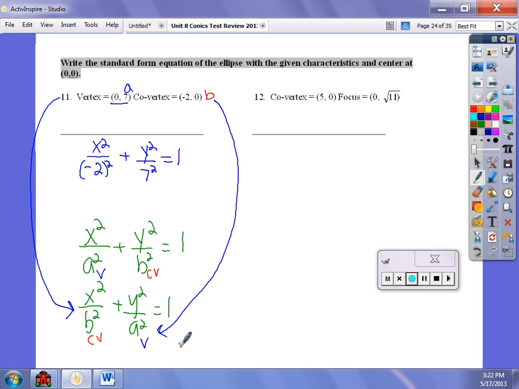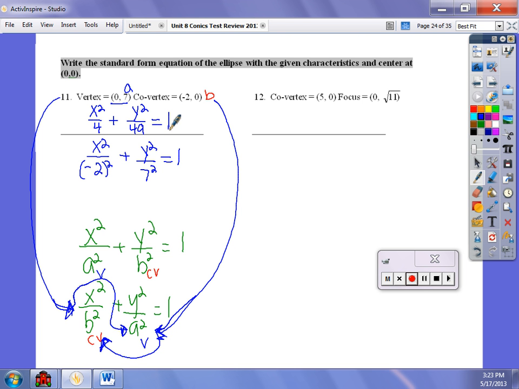So that means that this value here for the co-vertex was right here, and for the vertex was right here. Okay. So once you square them, you get x squared over 4. And make sure that's in parentheses because you should have no negatives. Y squared over 49 equals 1.